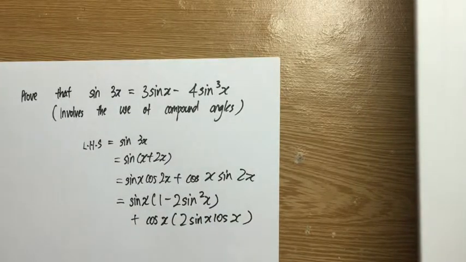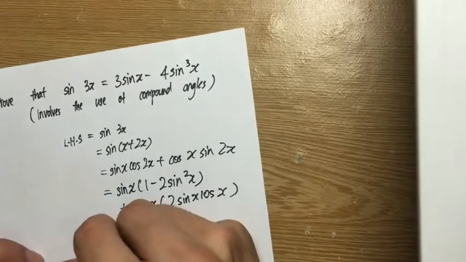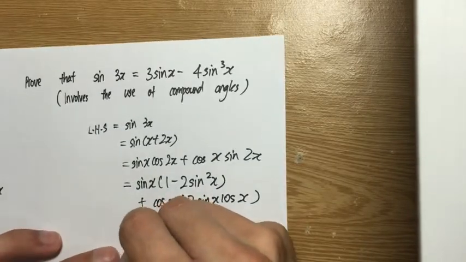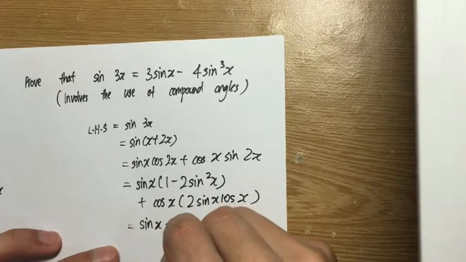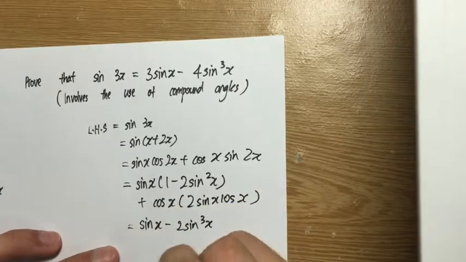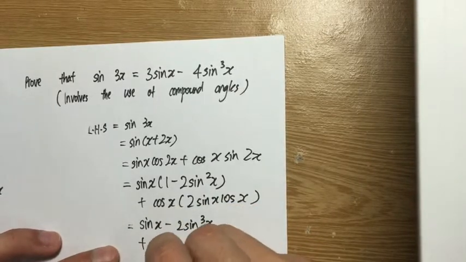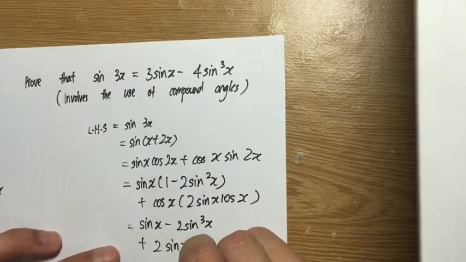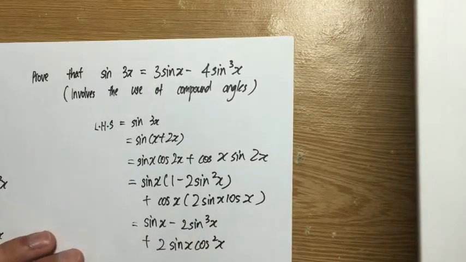By simplifying this expression, we will get sine x minus 2 sine cube x plus 2 sine x cosine square x.